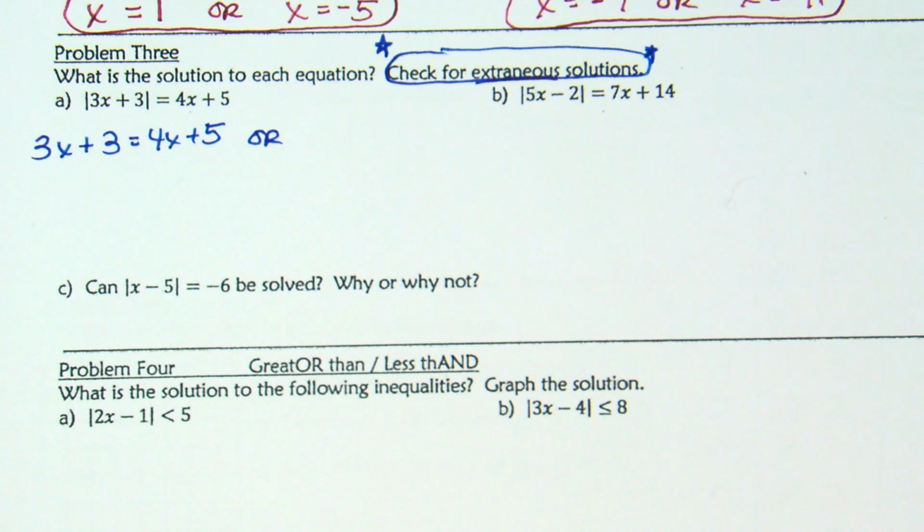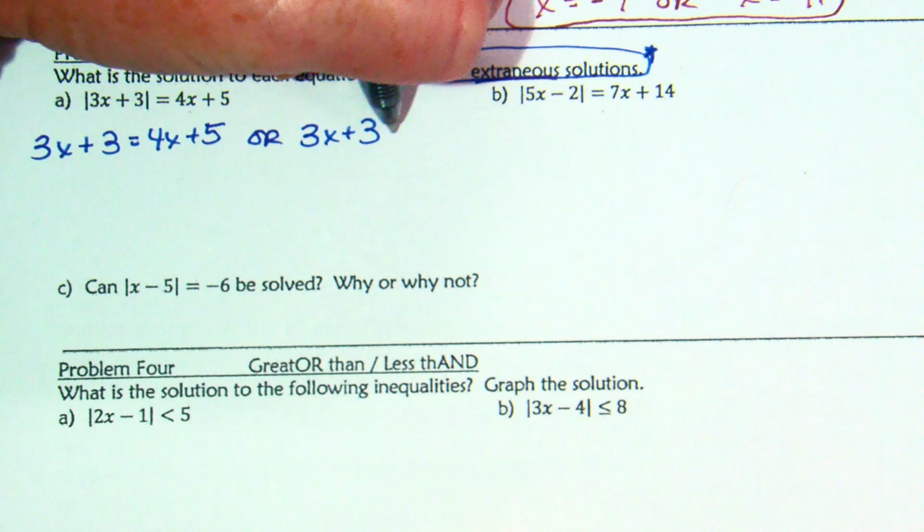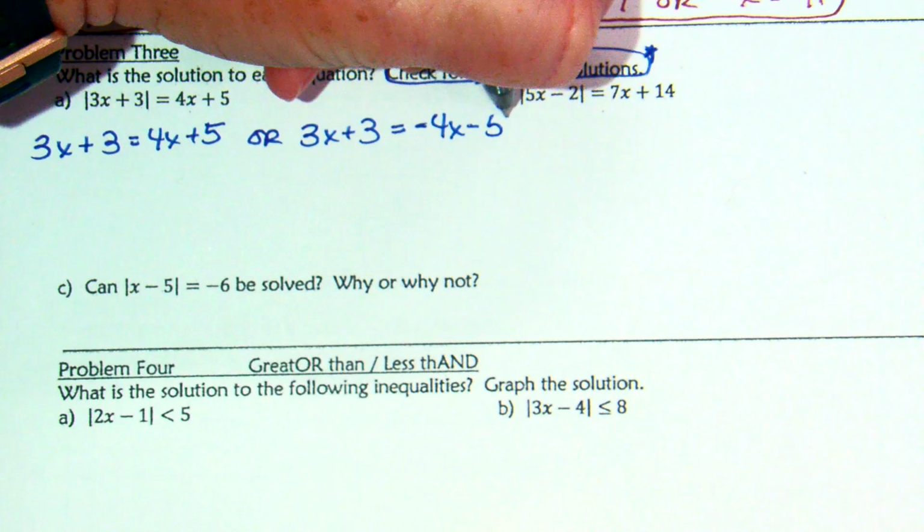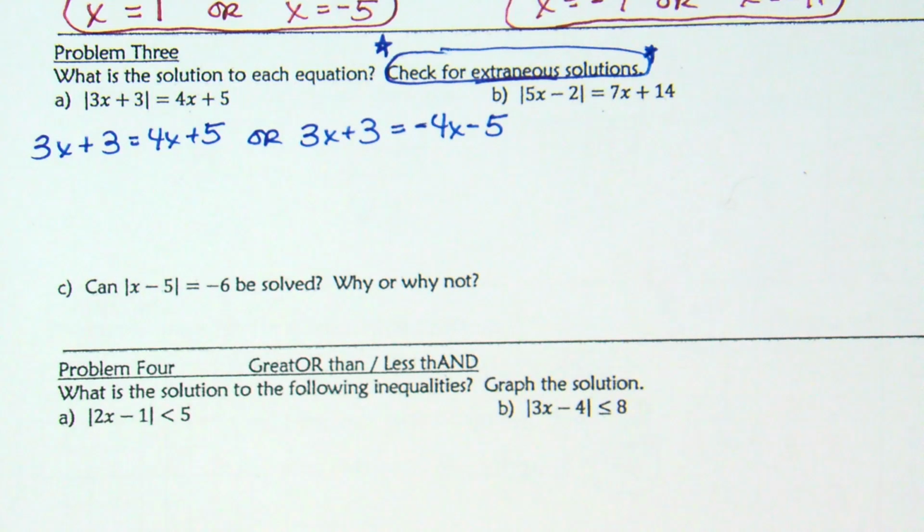If it's positive, make it negative. If it's negative, make it positive. The absolute value stays as is. So 3x plus 3 equals negative 4x minus 5. Every time you are changing the two pieces. And then we solve.